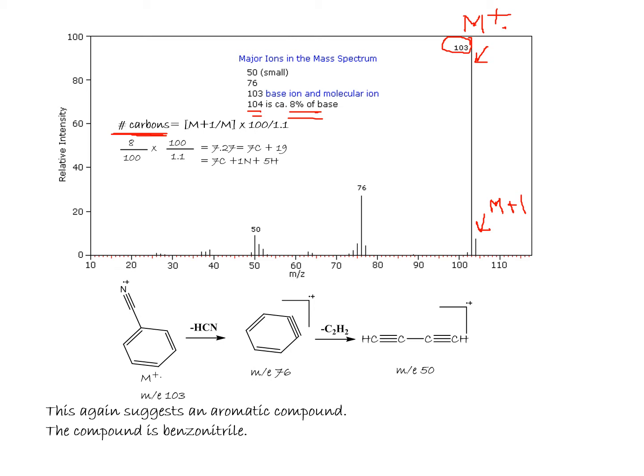And we have mentioned during the lectures that carbon 12 to carbon 13 natural abundance is 100 to 1.1, or 98.9 to 1.1.